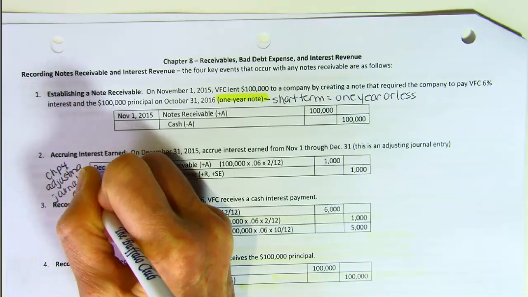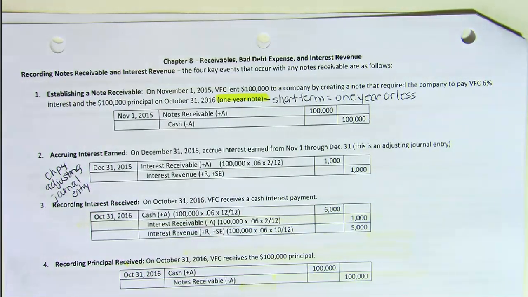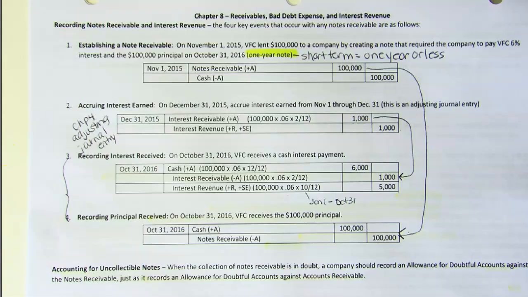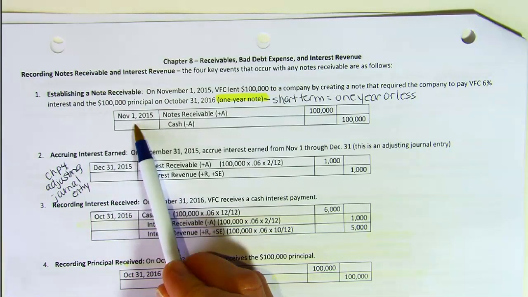We have to make sure we record the interest revenue in the correct period and show the interest receivable on the balance sheet. Most accountants would be preparing their financial statements monthly. If so, this accountant should have accrued interest on November 30th once the month had passed, but they did not. So we're going to record interest for the months of November and December.